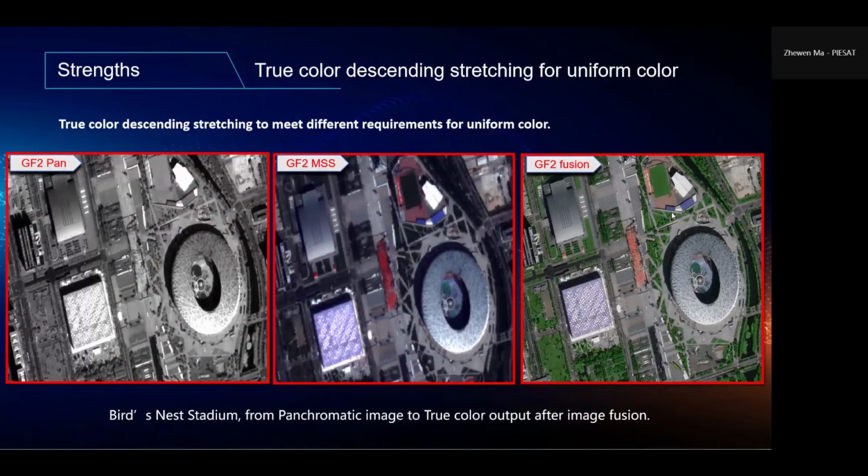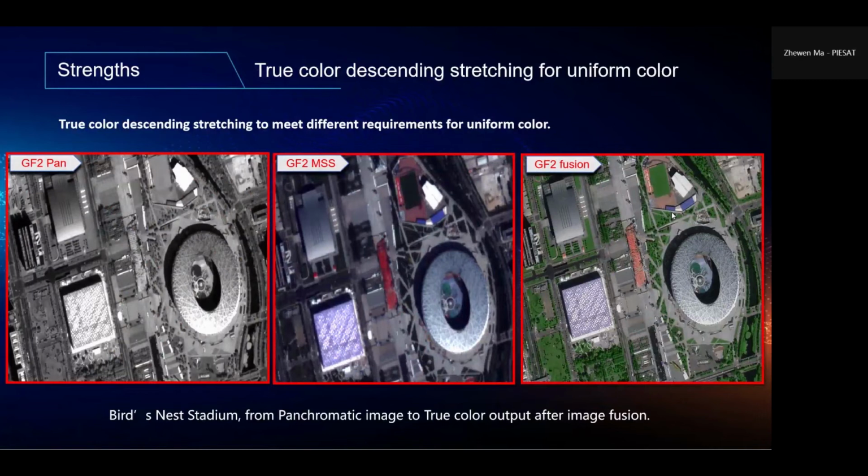And there's a very representative example displayed here where you have the Gaofen 2 panchromatic image on the left, the Gaofen 2 multispectral image in the middle, and after the image fusion, there's a result based on the Gaofen 2 image, and this picture shows the true color image of the Bird's Nest Stadium in Beijing, China.